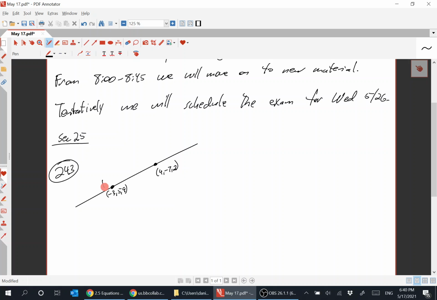This is the point P, this is the point Q, and then this vector between them with P at the tail and Q at the head, that's PQ. We'll just call it V. And V is what's known as the slope vector, or the direction for the line through PQ.